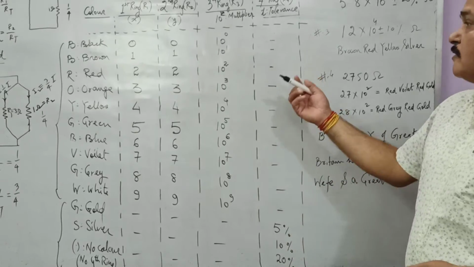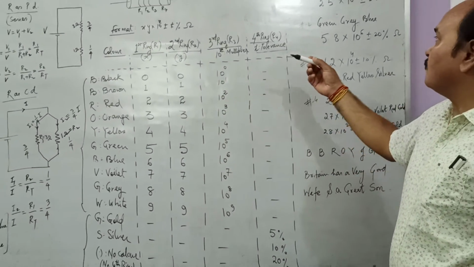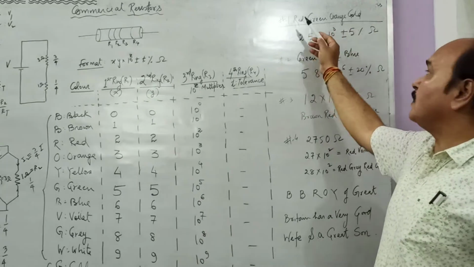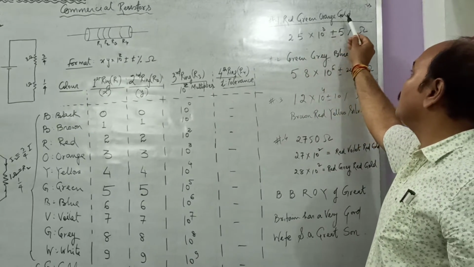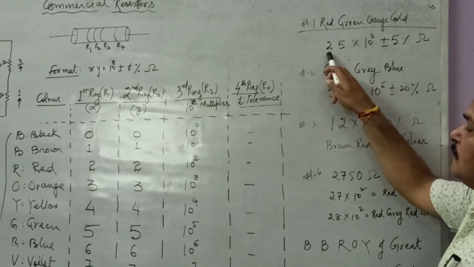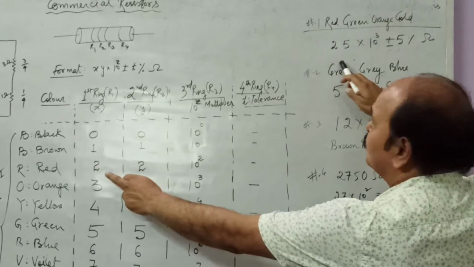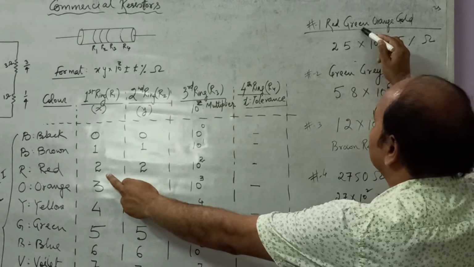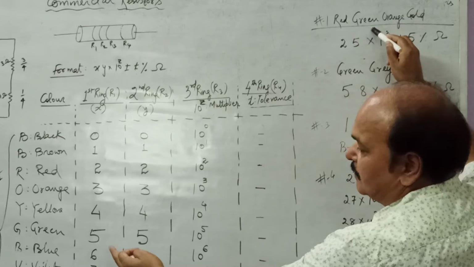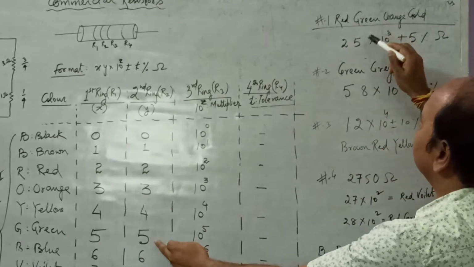Now let us make use of this chart and work out the value of resistance of the resistor which is color coded as red, green, orange, gold. Red is the first ring, therefore it represents first digit 2. The second ring is green, and the second ring green represents what digit? 5.